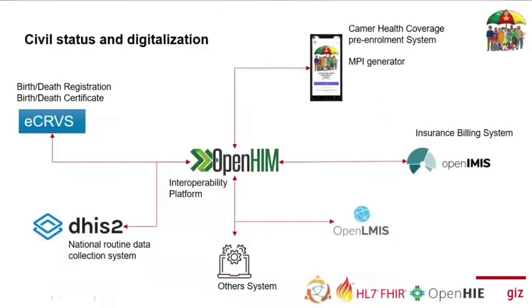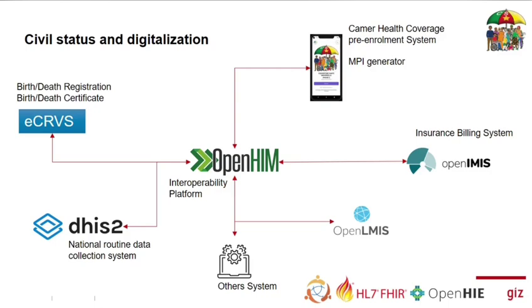Looking a little bit bigger, this is what we can achieve at the end, maybe. Always with openIMIS, what we are thinking, and we are looking for finance to do so, is to have a CRVS system, which can do the birth declaration and send the information to openIMIS, so that the baby or the beneficiary can automatically be enrolled in the system Camel Health.